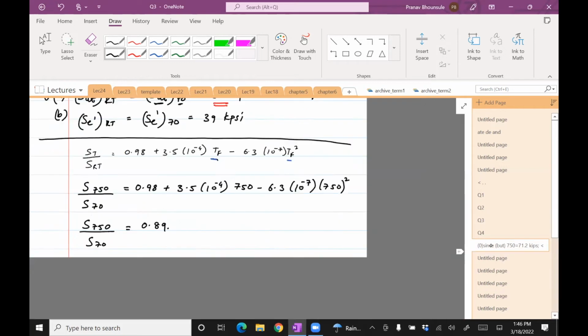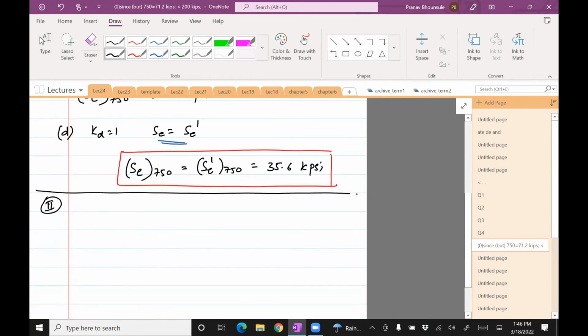So this falls in the second scenario. SE prime is known, and it is 39 kpsi.